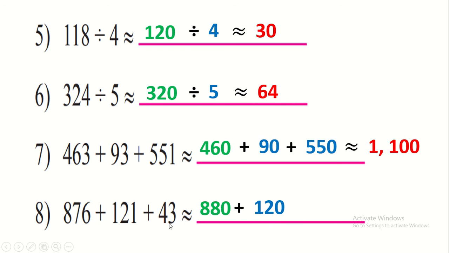And then 43, the nearest 10 is 40. You add 880 plus 120 plus 40, you have 1040. Students, okay, check your answer from number 5, 6, 7, and 8.